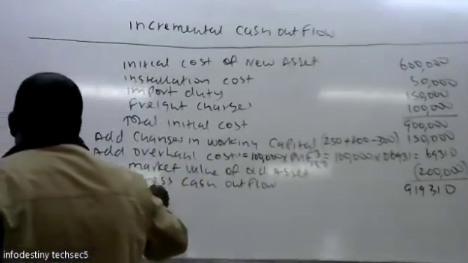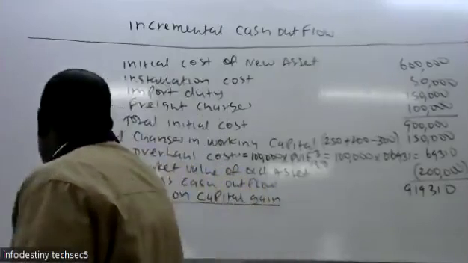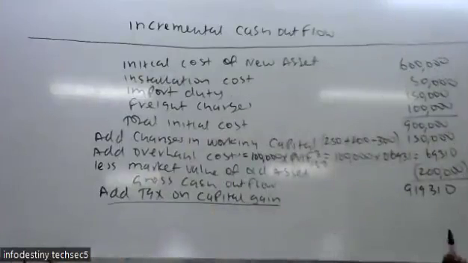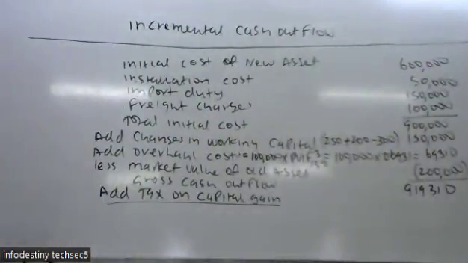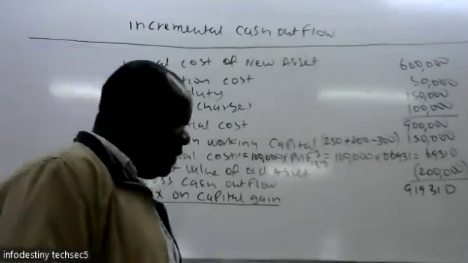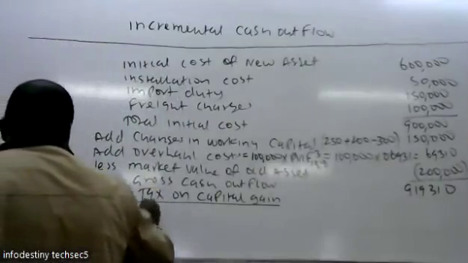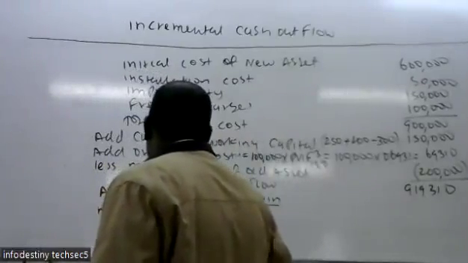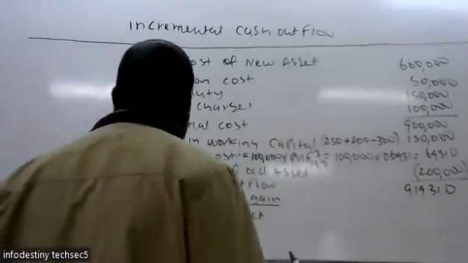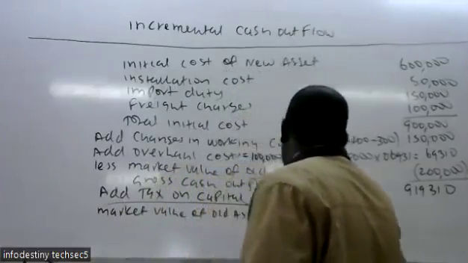When it comes to the tax on the capital gain, we normally start with the market value of the old asset, which is supposed to be 200,000. This figure.